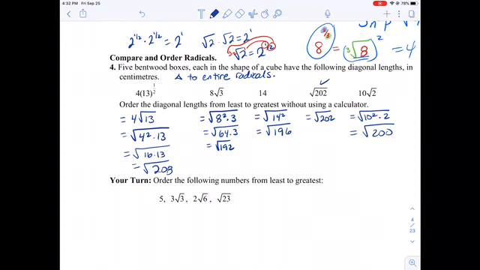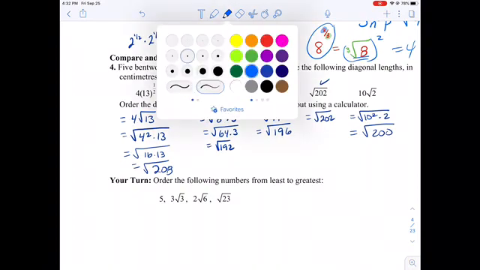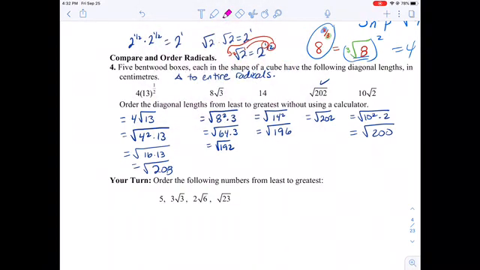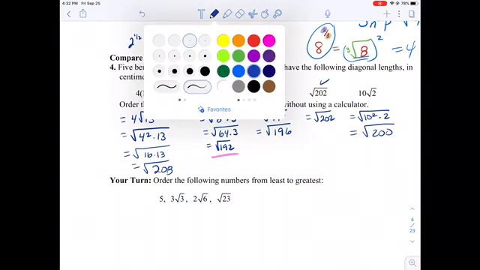Now we've got these all in the same form, so it's easy to see which one's the smallest. From smallest to biggest, 192 is the smallest, so that would be 8 root 3.